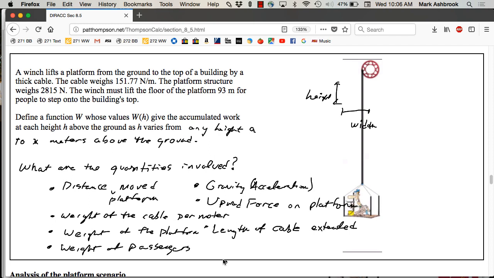And no one said work done, by the way. That's certainly a very key quantity here, the work accomplished by the winch. So is one of these or something else going to be our independent variable?